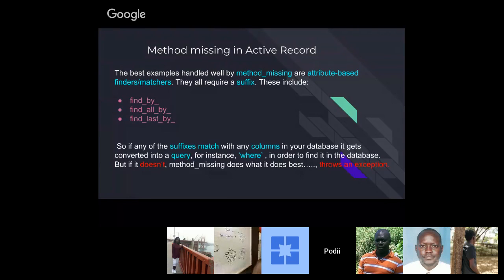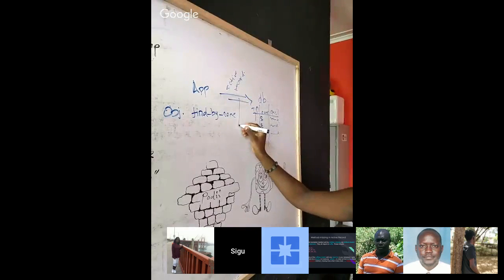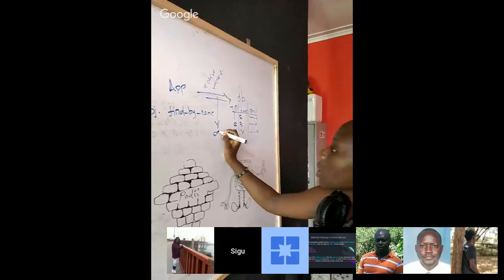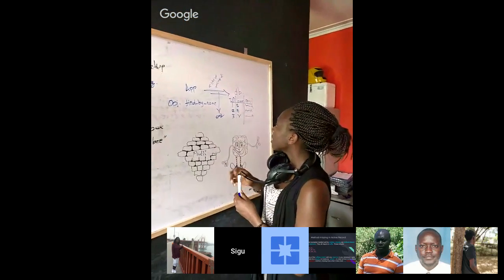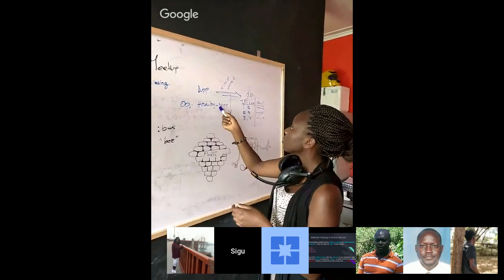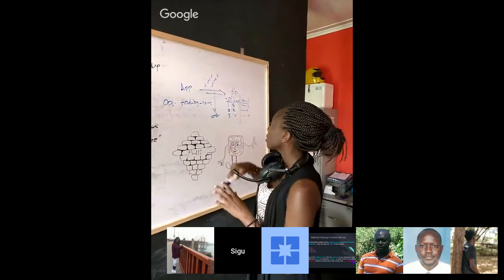Okay, so I want to explain this. This is Active Record. So if I do object.find_by_name, what Active Record does is generate the SQL code for us, because a database can't understand this. When you give this to a database, I do not think it's going to understand it.